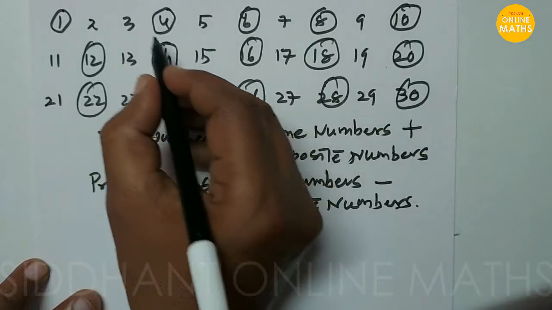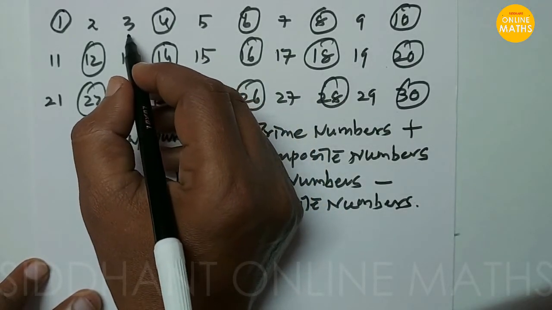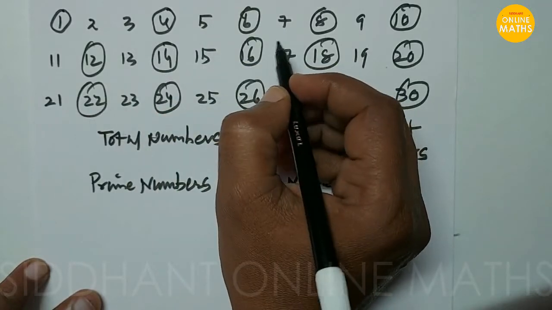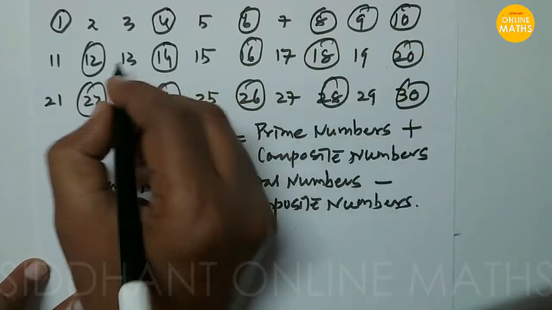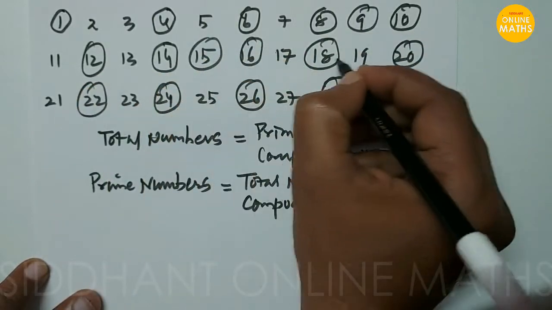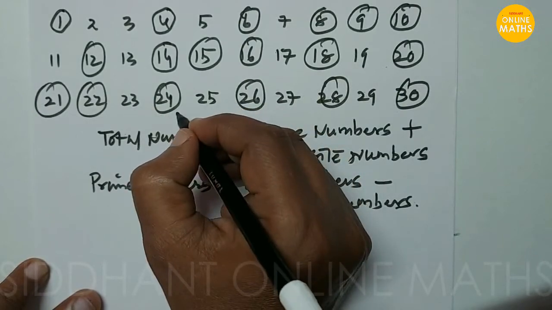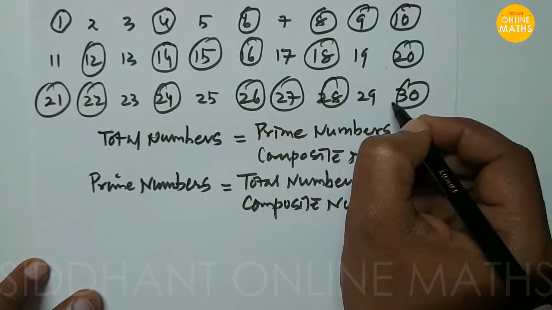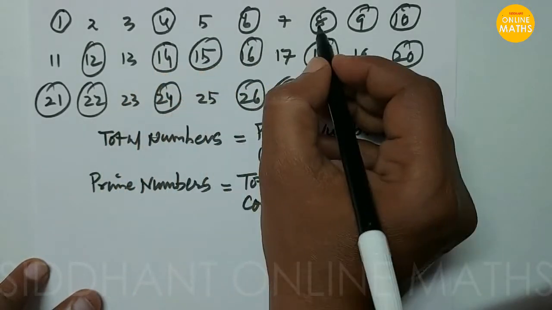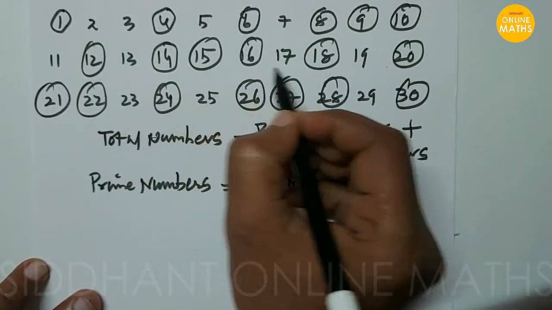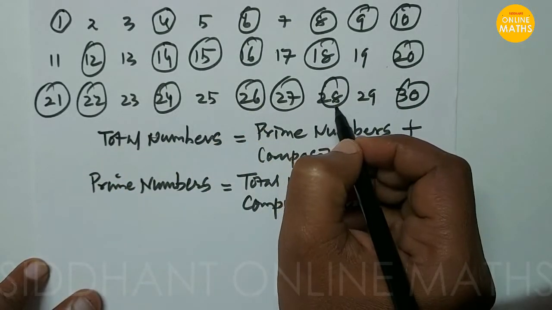And next we go for the other multiples, like 3 multiples, we will go and circle those numbers. So 3 multiples: 6, 9, next 12, 15, 18, next 21, next 24, next 27 and 30. And we go for 4 multiples like 8, 12, 16, 20, next 24, 28.